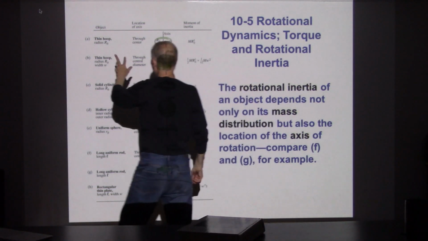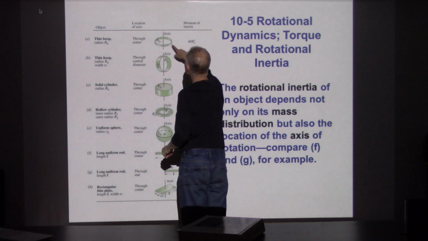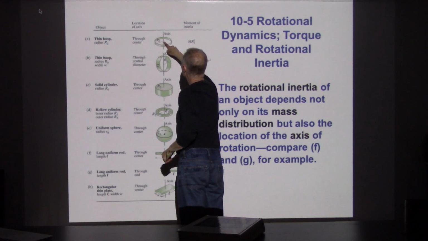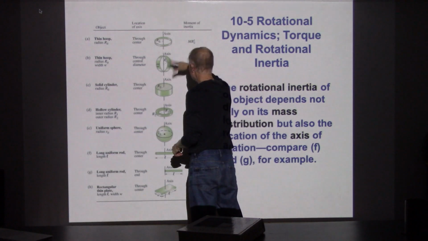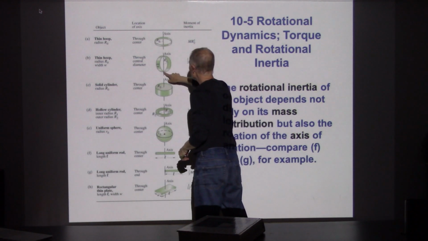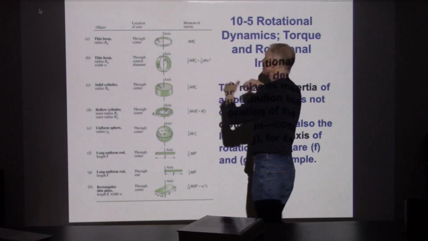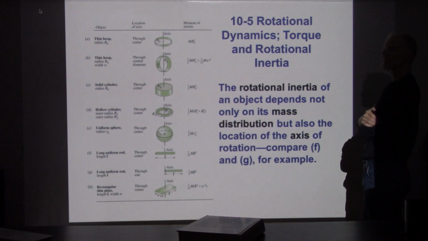Now notice they've got two thin hoops listed. They've got a thin hoop around an axis that goes through the center. But then what happens if we switch the axis, or switch the object so that the axis goes through the hoop itself? Now it's rotating in a different fashion, and this formula is different.